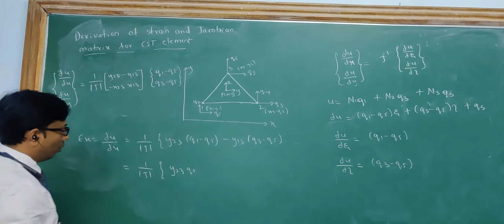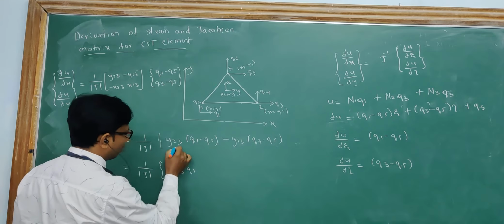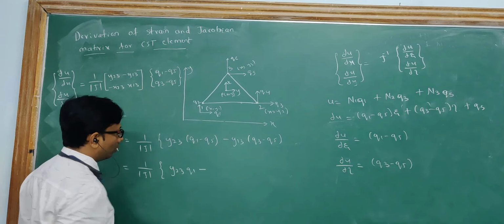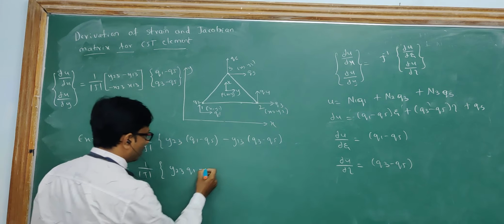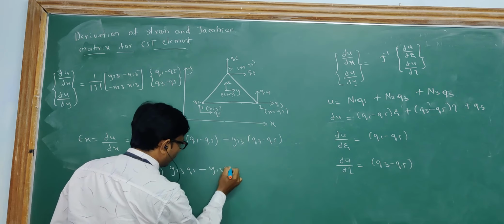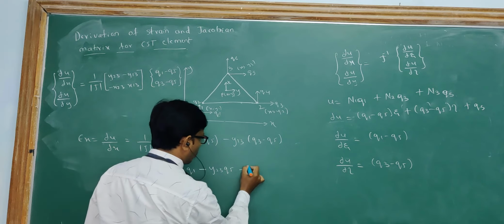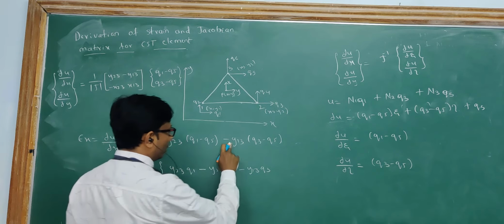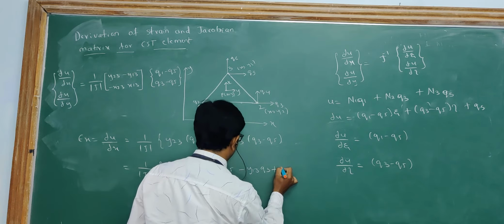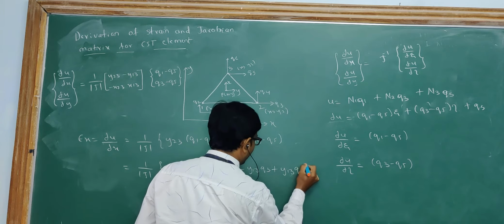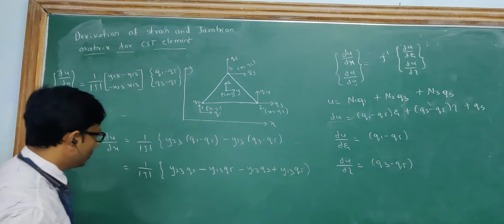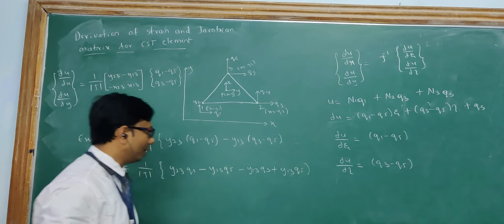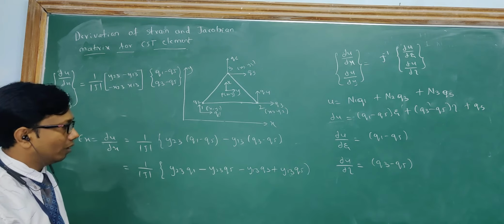Now we are just multiplying the bracket terms here. So we'll be getting y23 into q1 minus y23 into q5, minus y13 into q3, and then plus y13 into q5. I want to take all the terms as positive terms.